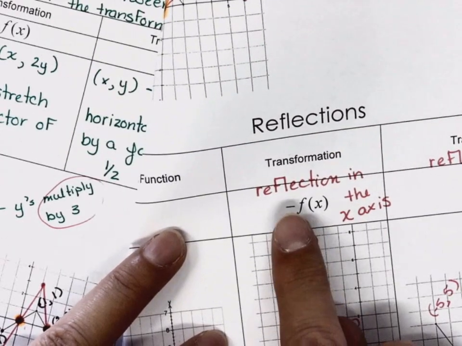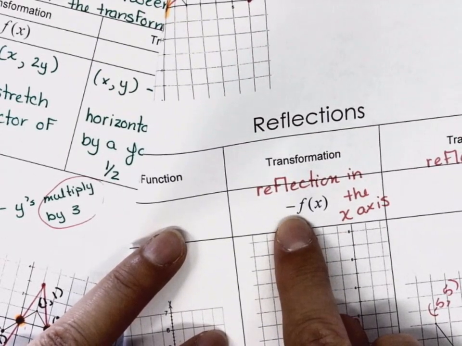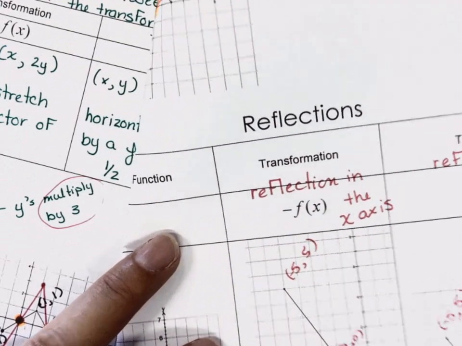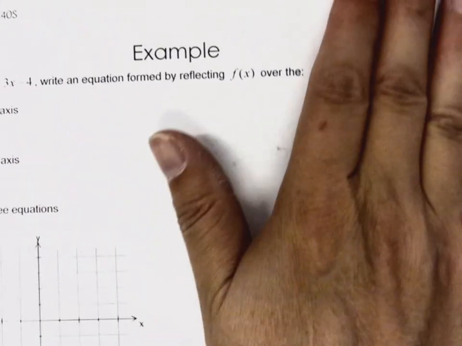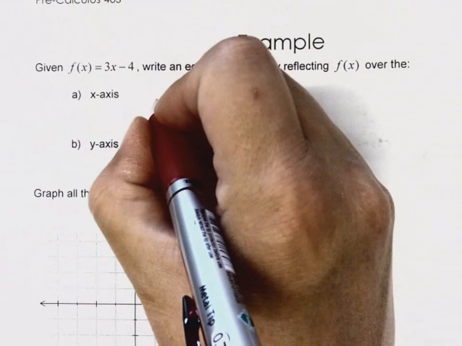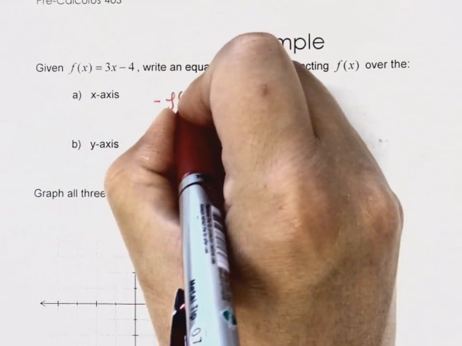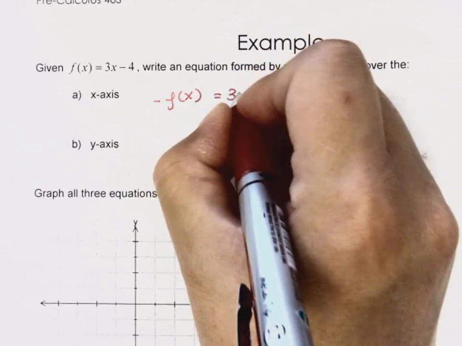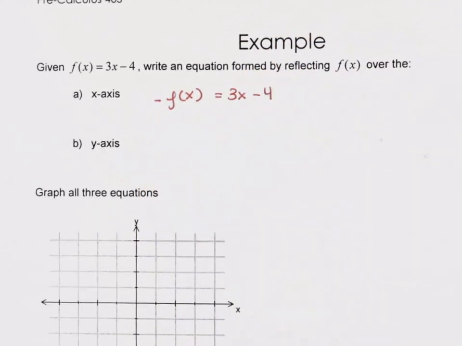The y's, right? Okay. So we would write this as negative f of x equals 3x minus 4.